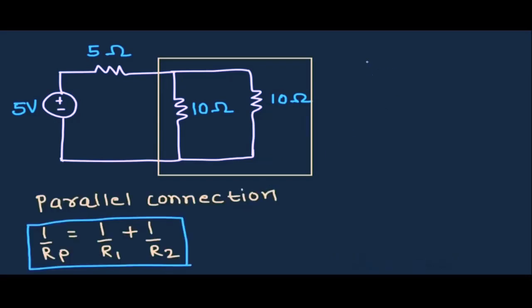Let's say their equivalent parallel resistance is Rp, and Rp can be given by this formula. So we can write 1 over Rp is equal to 1 by 10 plus 1 by 10. That means 1 by Rp is equal to 2 divided by 10. That is nothing but Rp is equal to 5 ohm.